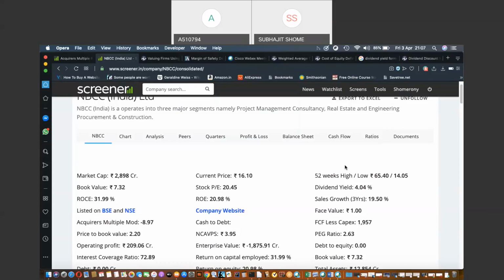That is what I'm expecting, but that is not the case in this company. Current price is slightly less than your intrinsic value, but no way is it half of it.